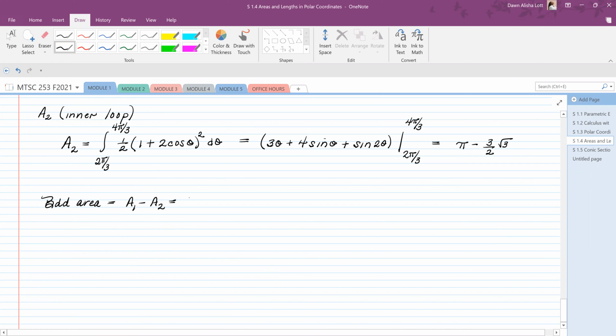And that means you take 2 pi plus 3/2 square root of 3, and you subtract pi minus 3/2 square root of 3, and you end up with pi plus 3 square root of 3.